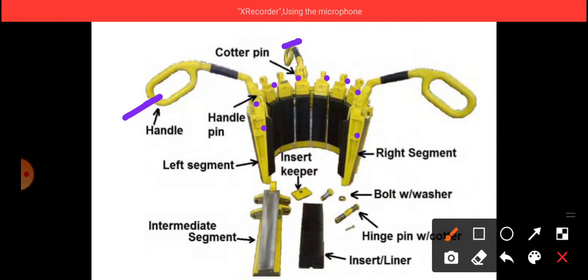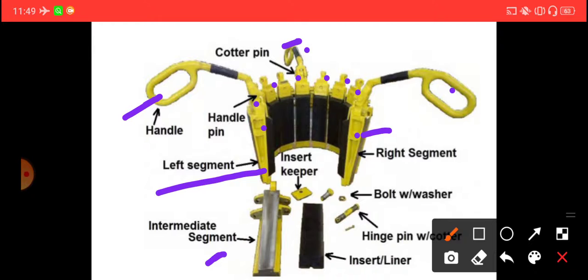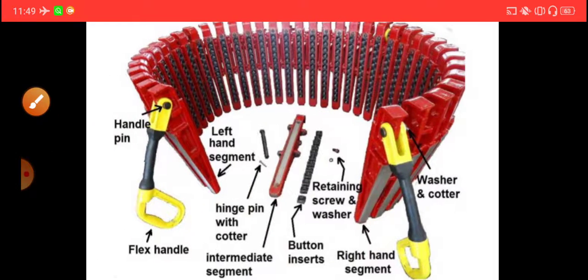These are handles, this is the center handle. This is the left segment and right segment, and the center one is the intermediate segment. Similarly, this one also has some inserts. Whenever they wear, we remove them and replace them with new inserts.